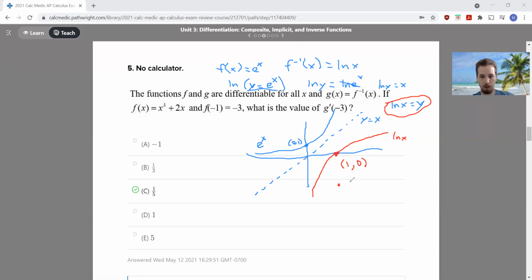The inverse of, let's say this point's 3, -3. Or actually, I'm going to make this -2. The inverse of 3, -2, you go along to the other side here. Well, that inverse is going to be -2, 3.